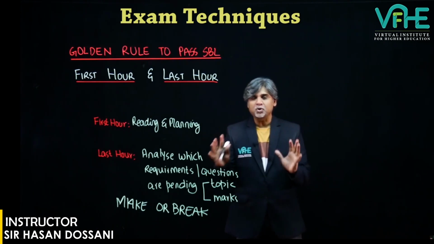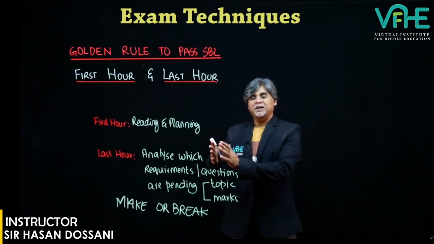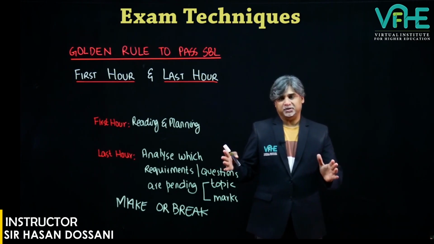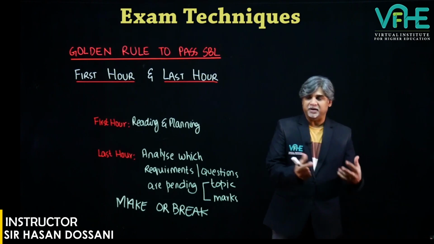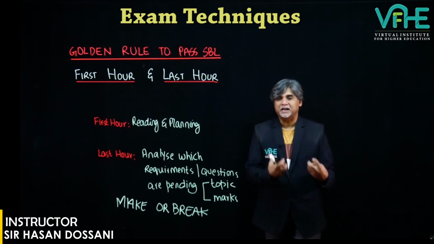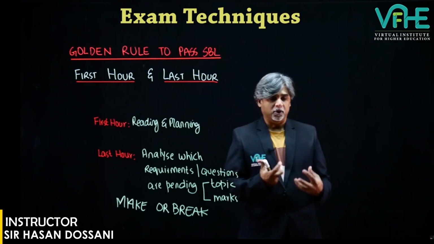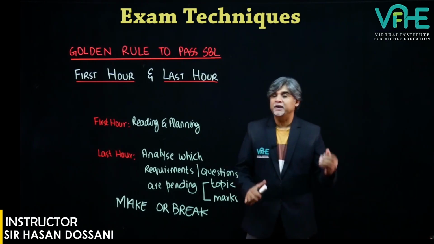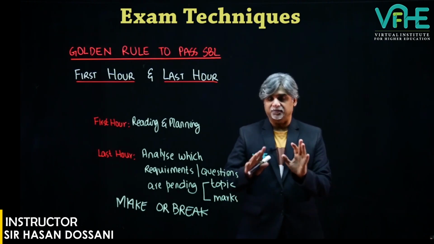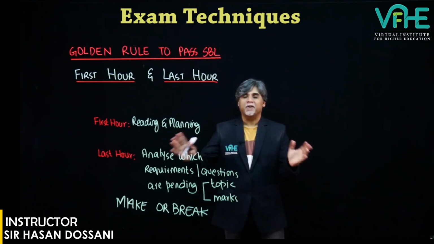So we will follow the sequence up till the first 3 hours. We will not disturb the sequence. But in the last hour, if the situation requires us to break the sequence, then we do it. Generally, the last requirement is the easiest. That's what I have seen so far.